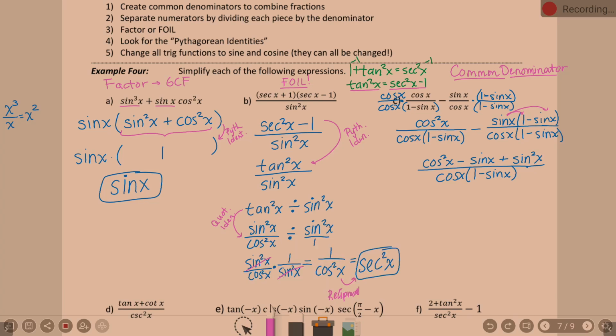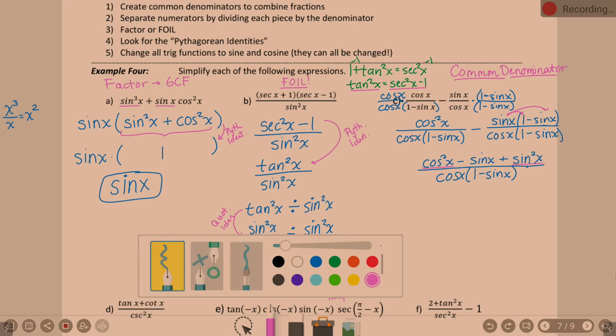The Pythagorean identity. Do we have that? I told you guys yesterday when I introduced those. Are we going to use that top identity a lot? Yeah. You're going to see that Pythagorean identity. So the identity on your previous page says that sine squared x plus cosine squared x equals 1. Do we have those pieces on top? We do. And I'm even going to rewrite it just for the convincing factor. But yes, because we have those pieces, we can pull those pieces and replace them with a 1.